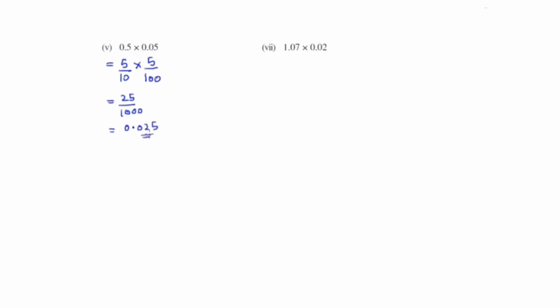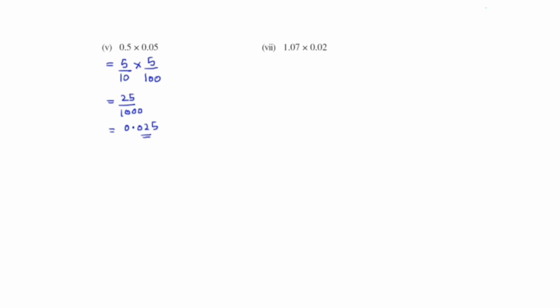So 0.025 will be the product of 0.5 and 0.05. Understood how easily we have done this? Also, don't always go for the direct method of multiplying 25 and putting the decimal. Do this type of procedure also so that you can understand how we have got 0.025 as a result.